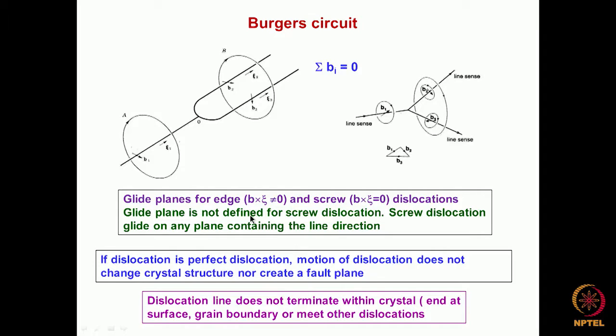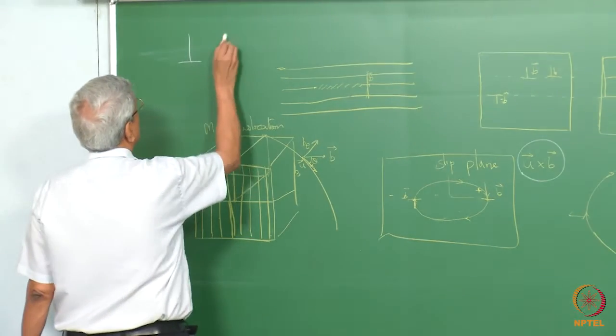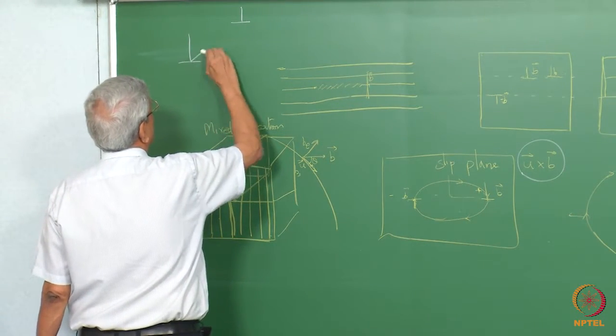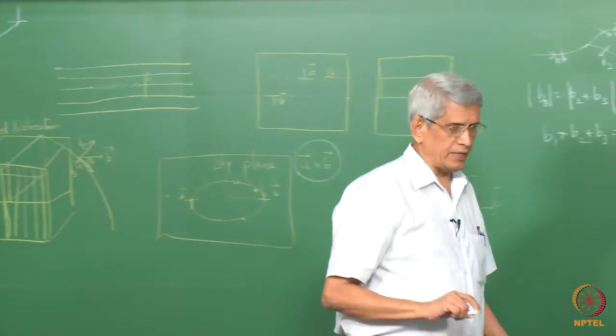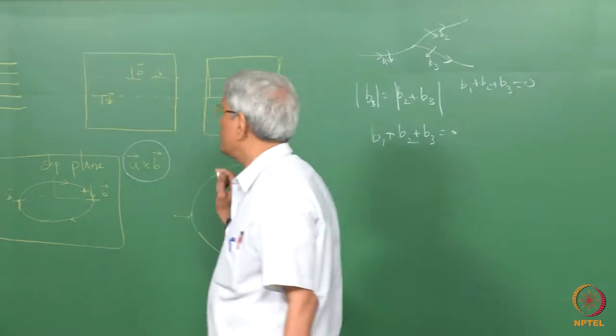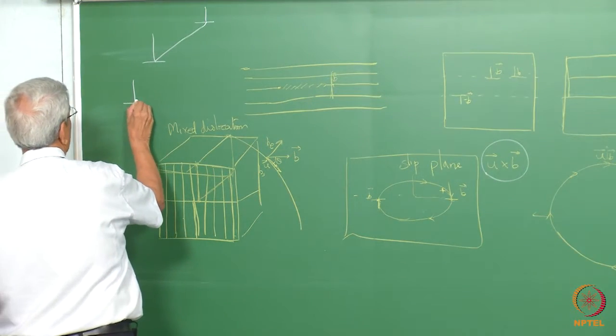As I have mentioned earlier, the glide plane is defined for a dislocation by taking U cross B. For an edge dislocation, the glide plane is specifically defined. One should also remember the symbol used to represent the dislocation. Generally, the symbol used is just this perpendicular line.